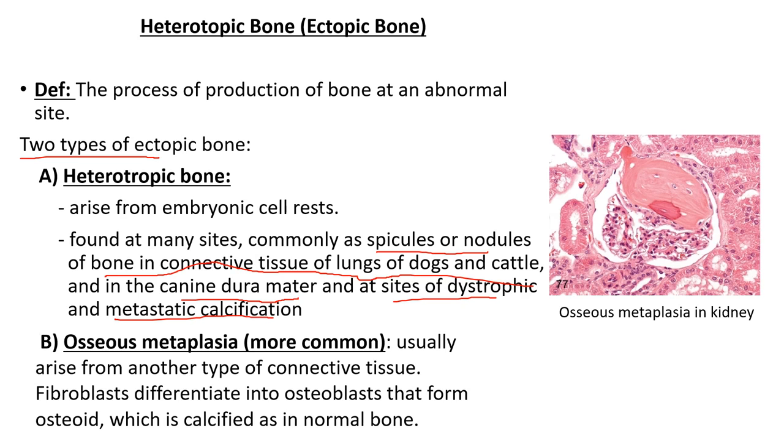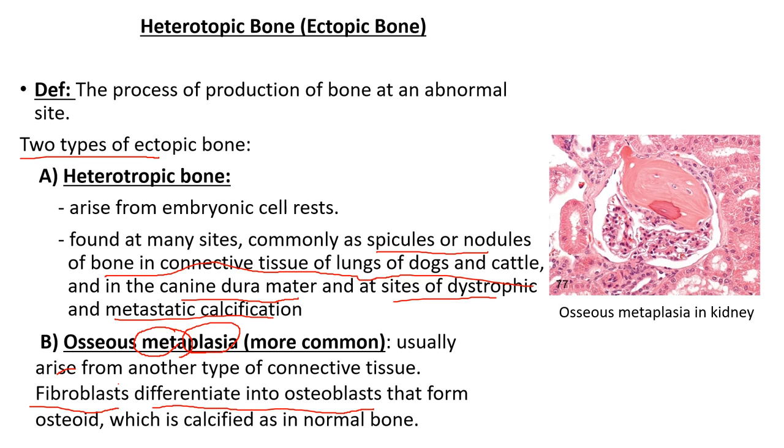Osseous metaplasia is the second type, and this is the most common one. From the term itself, you can say meta means a conversion, right? Plasia, you can consider it like a cell. This is conversion of the cell from a certain type to another type. So here, a fibroblast will be differentiated into osteoblast.